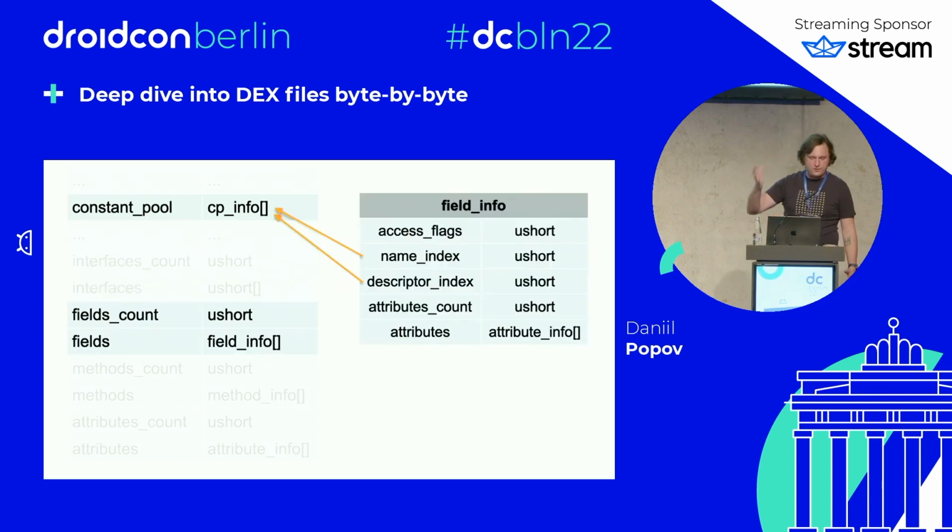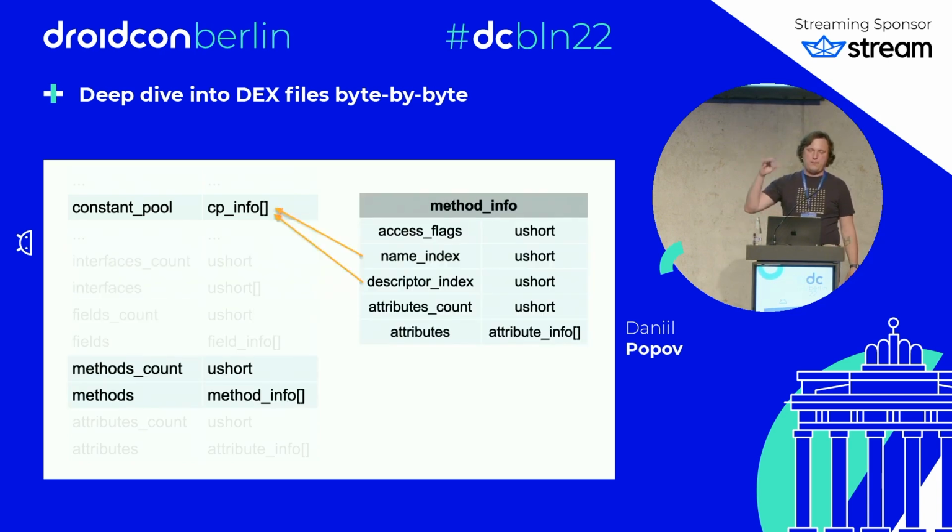We have the fields here, we have the methods here, and the structures of field info and method info are almost the same. We also have the access flags, the name, which is an index in the constant pool of type string, the descriptor, and so on.